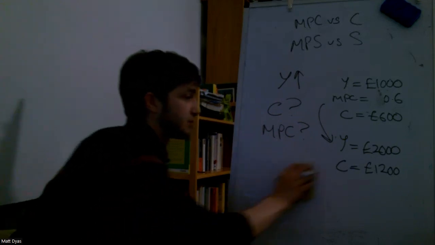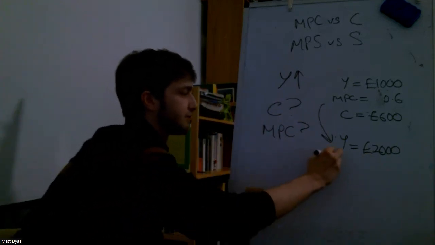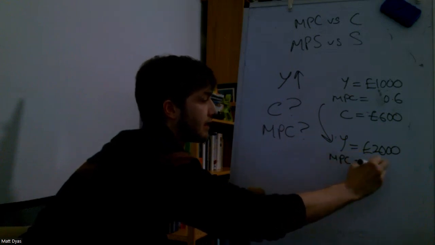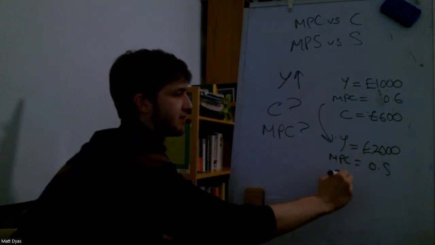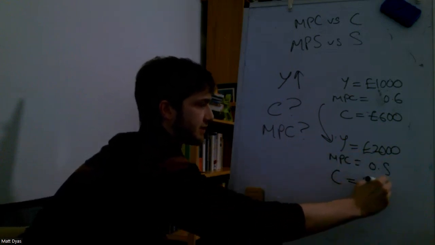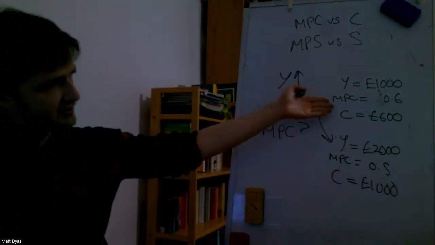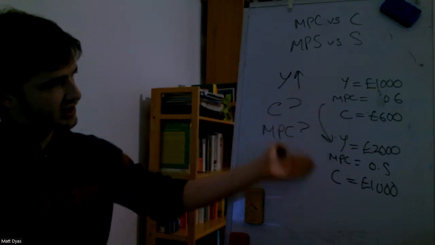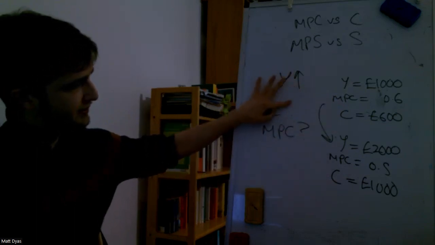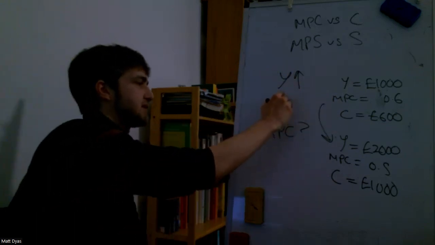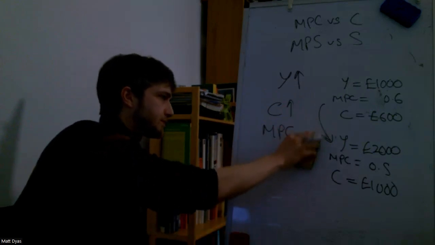So let's say we drop the MPC to 0.5. Well, then consumption is going to be 50% of 2,000, which is 1,000, which is still bigger, right? Consumption has gone up. C in this case has gone up, but MPC has gone down.